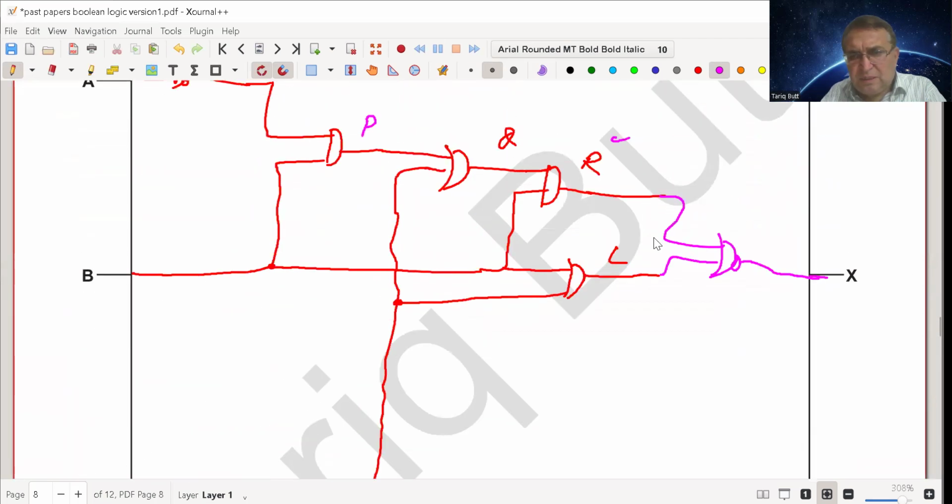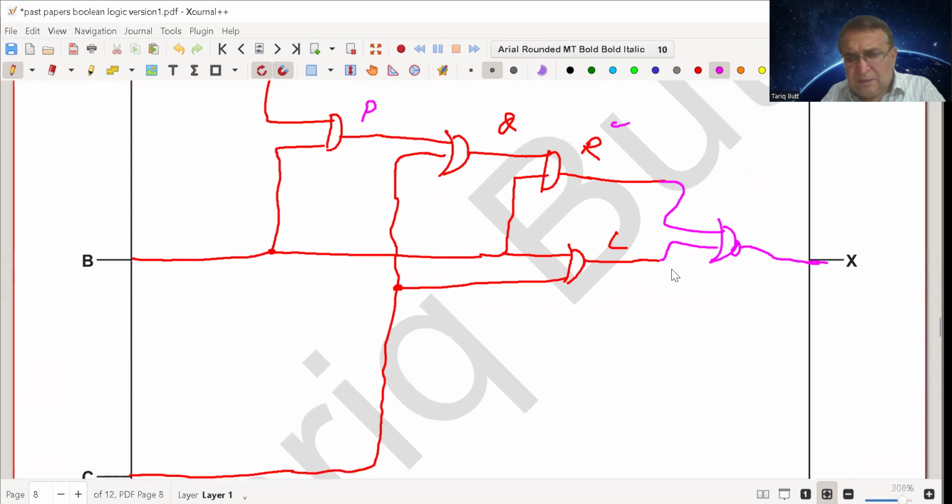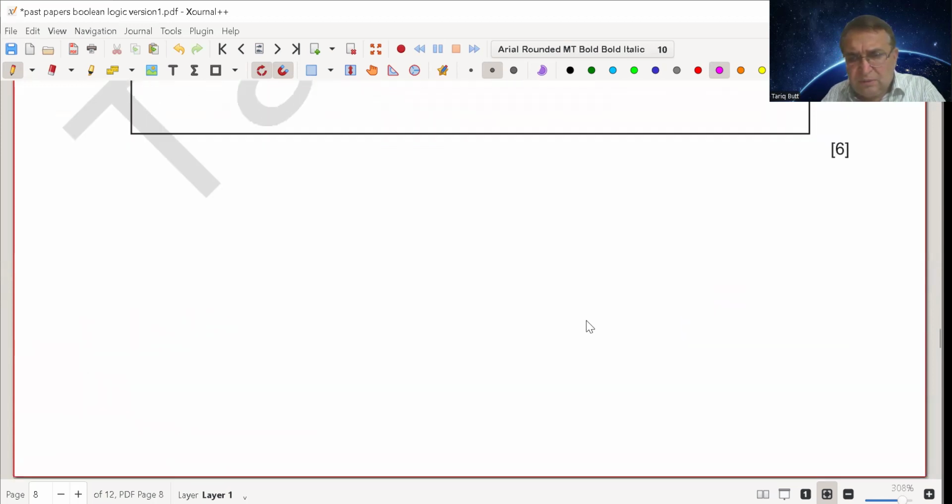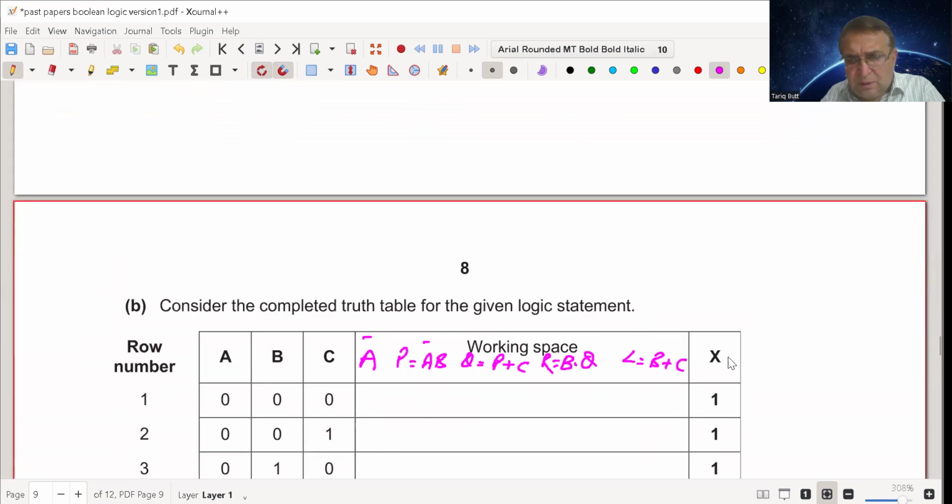That is R NOR L. R NOR L, you can write down like this, or you can write down like this as you like.